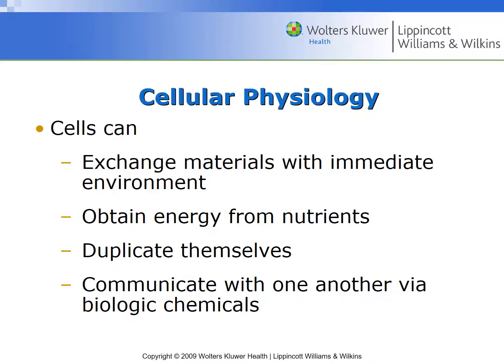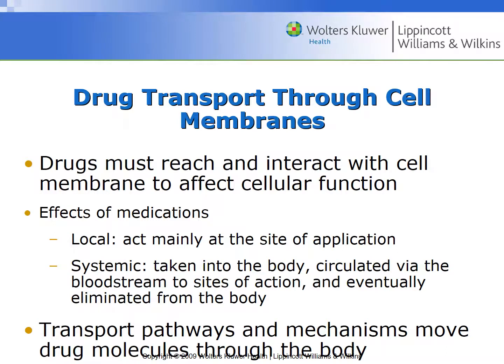Those biological chemicals also help with the drug therapy as well. So when we're talking about drug transport through the cell membrane, drugs can reach and interact with cell membranes to affect cellular function. And when we think about the effects of medications on the body, we need to be aware there are two types of effects.